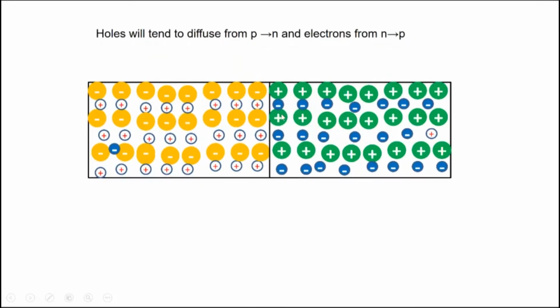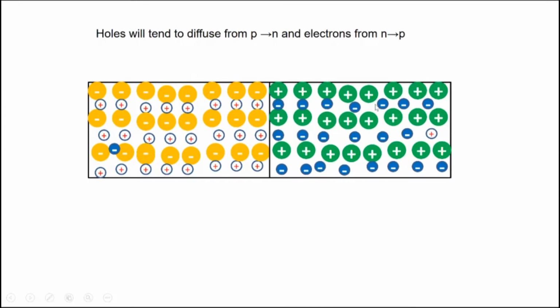When we bring them together, note that there are lots of holes in this particular region here, all these positively charged holes, and very few holes on the other side. So we just saw that there's a huge concentration gradient in the hole density. And therefore, because of the diffusion process, the holes will tend to go from P to N.